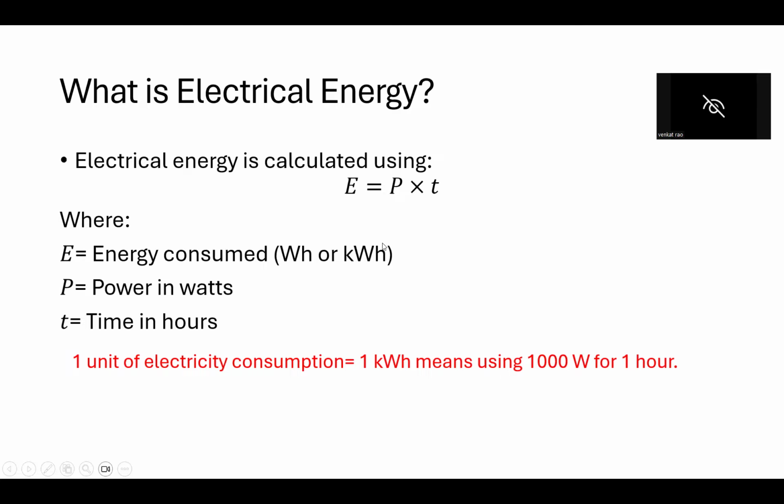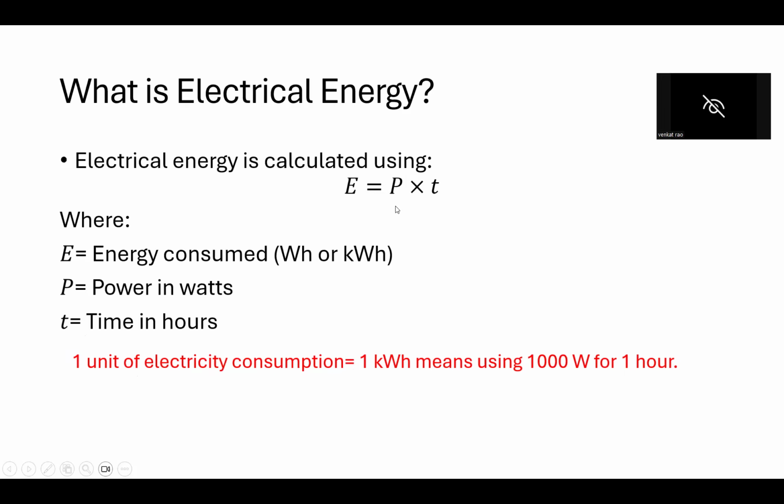Now let us understand the meaning of 1 unit of electricity consumption. 1 unit of electricity consumption is equal to 1 kilowatt hour. Here, 1 kilowatt hour means 1 unit of electricity consumption. That means using 1000 watts for 1 hour.